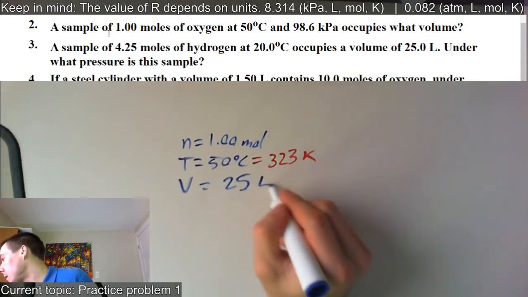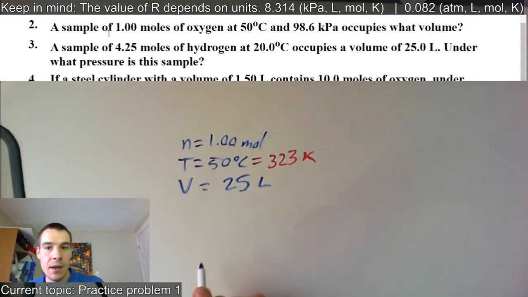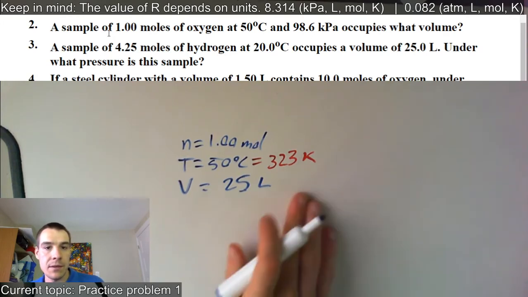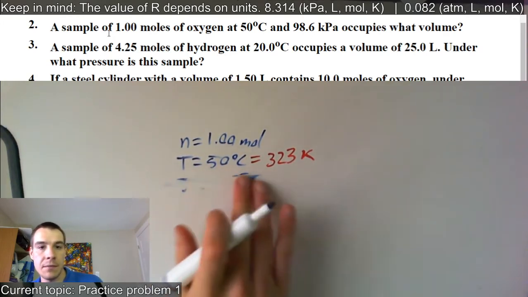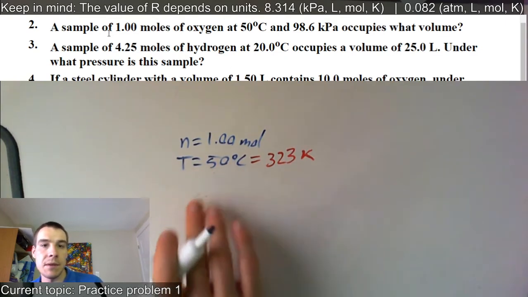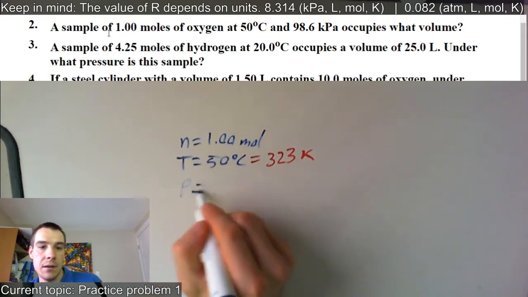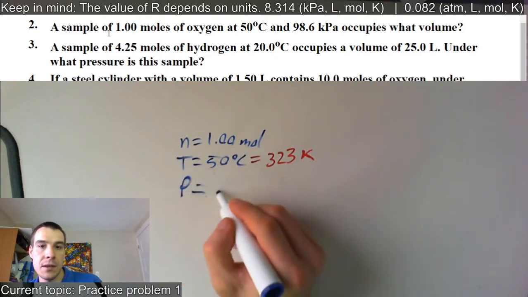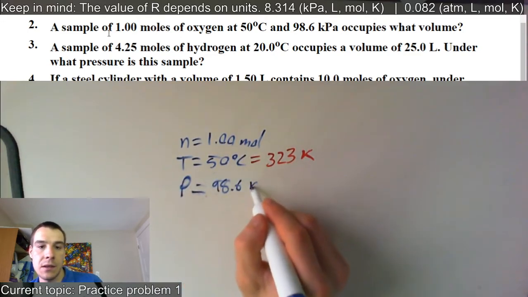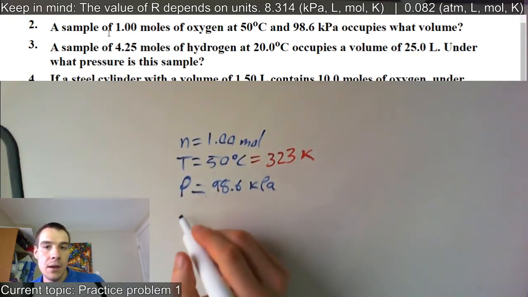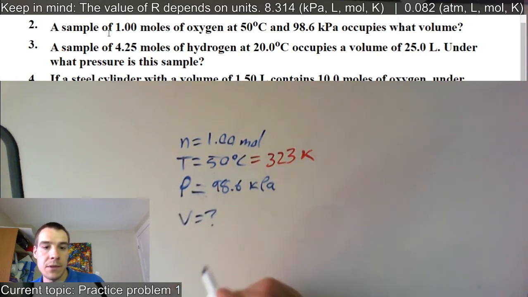Oh, it's not 25 liters. Never mind, it's not V. We don't have V. What am I talking about? I was looking at the next question. P, pressure is 98.6 kPa. And they want volume. V is question mark. How much volume is it?